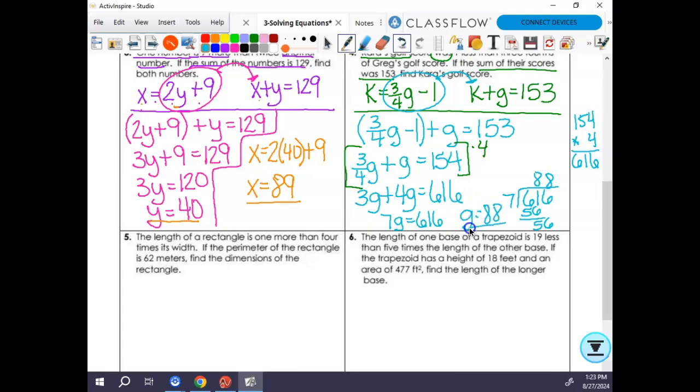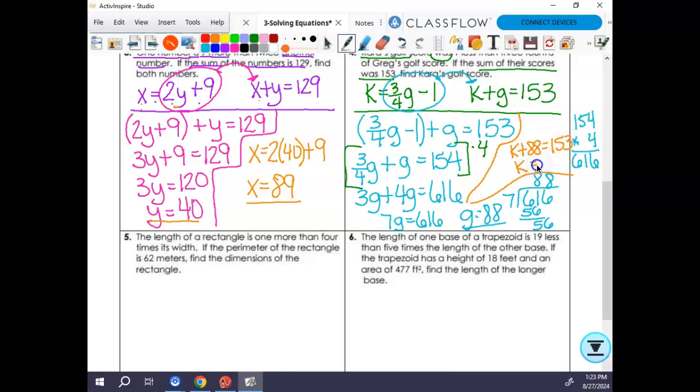Frustratingly enough, we didn't even care about Greg's score because it asks us to find Karen's score. Now which one do you want to substitute it back into? The first or the second? I would go with the second here, absolutely, because we could avoid the fraction. And I know you probably don't have a ton of room. Sorry about that. But we're going to do K plus 88 equals 153.